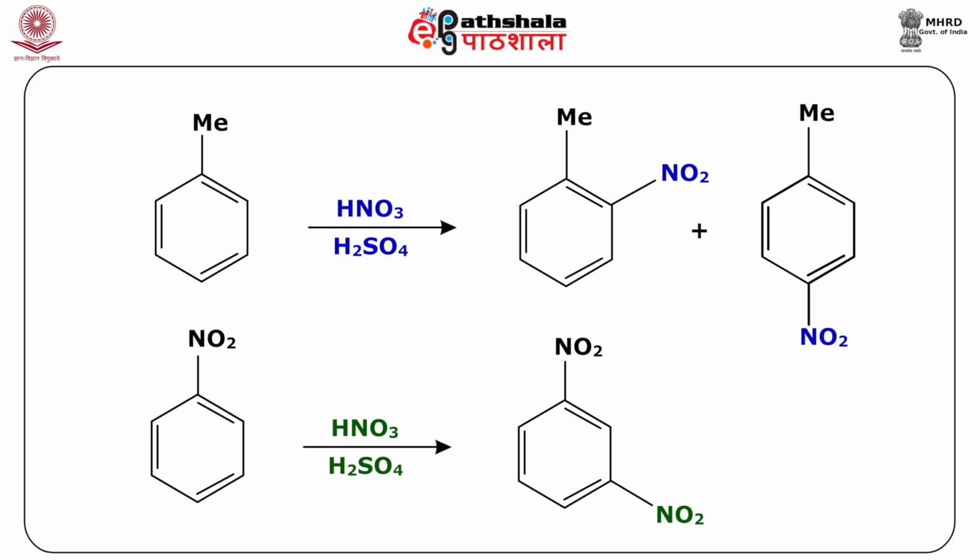A natural question arises, why? What are the influences of the original substituent in the aromatic ring which lead to the observation of these product ratios, and also why such ratios? The answers to this can be found out by studying the electronic nature of the substituent and its effect on the aromatic ring.